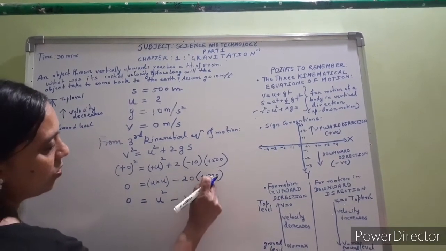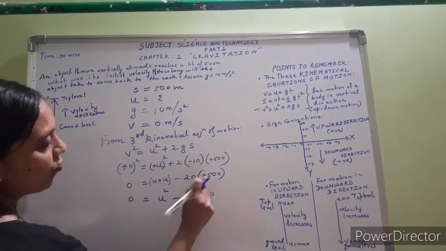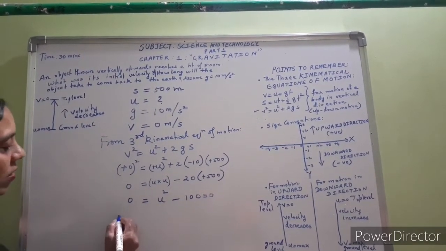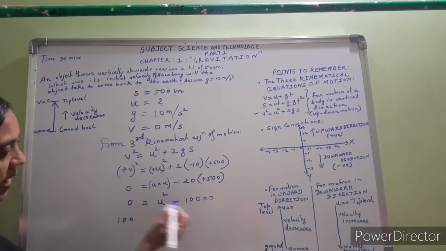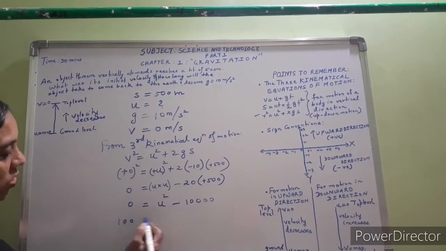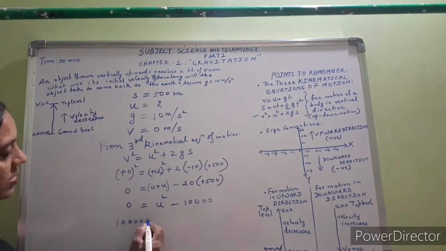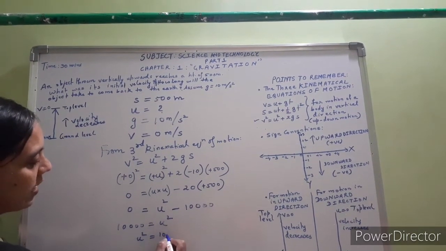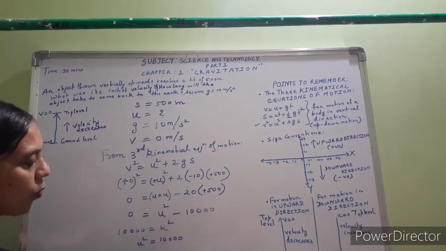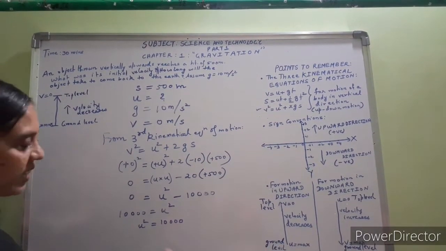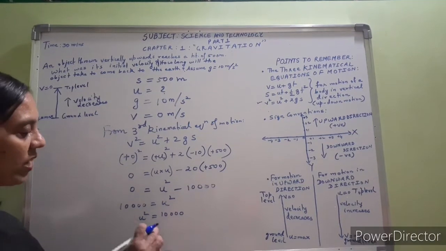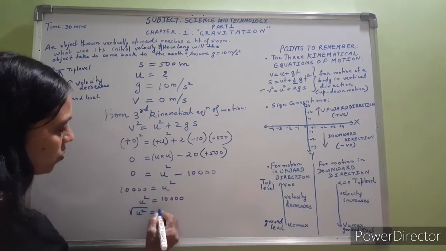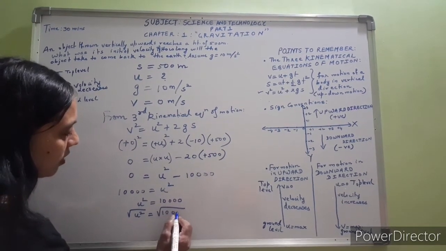4 zeros, 1, 2, 3 and 2 5s are 10. So 10,000. Bring 10,000 here, so it will become plus, minus negative will become positive on shifting. So 10,000 is equal to u square. So u square is equal to 10,000. Now we want only u, so we will have to take the square root of both the sides. So square root of u square is equal to square root of 10,000.